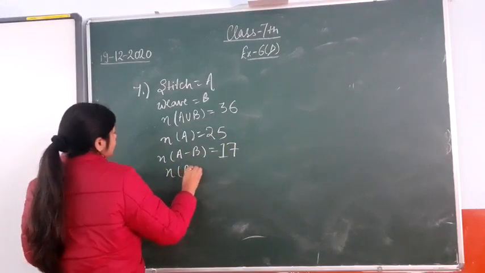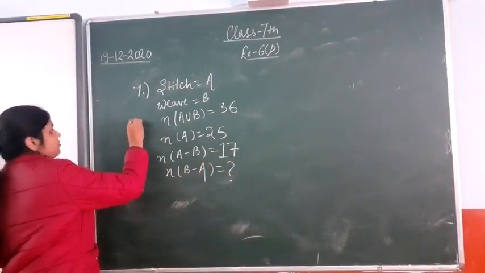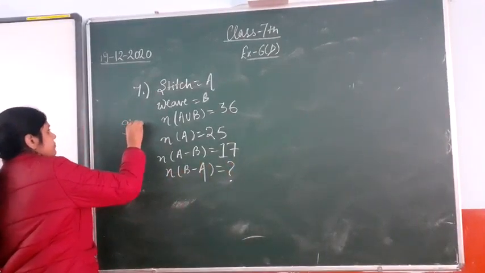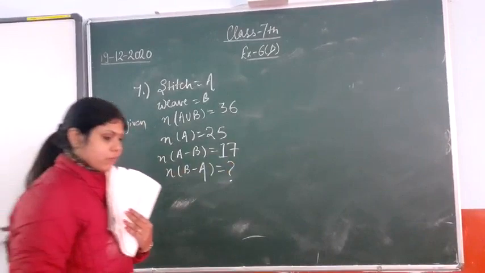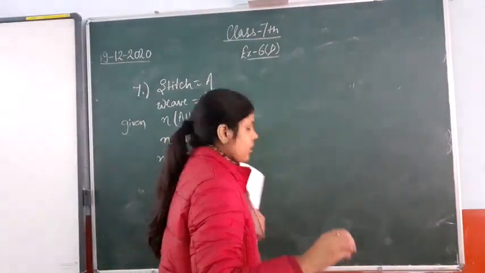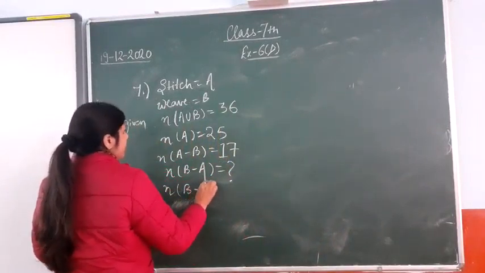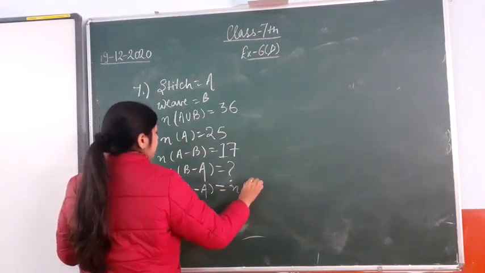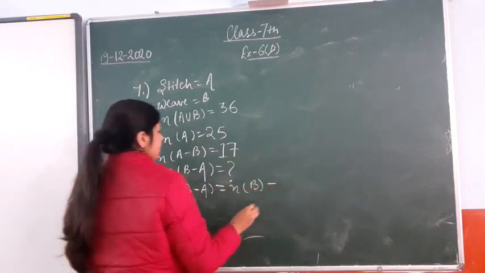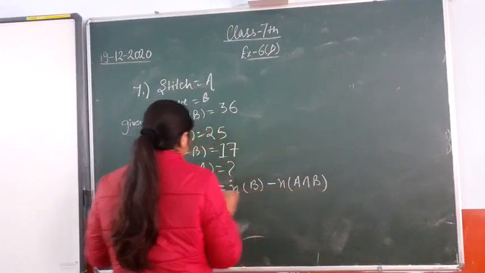You have to take out n(B minus A). This you have to find out. How will you do this? What is the formula for n(B minus A)? n(B) minus n(A intersection B).